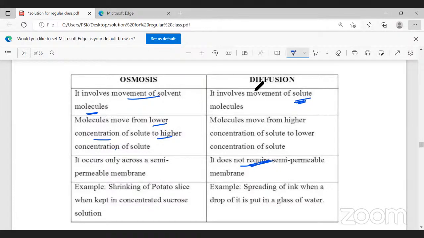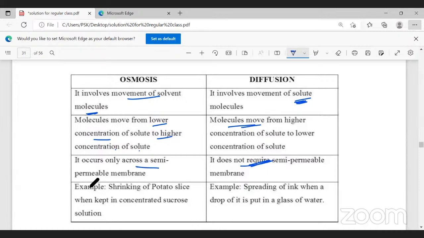So diffusion and osmosis are quite opposite. In case of osmosis, movement of solvent molecules. In case of diffusion, movement of solute molecules. In case of osmosis, molecules move from the region of lower concentration to the region of higher concentration. In case of diffusion, molecules move from the region of higher concentration to the region of lower concentration.